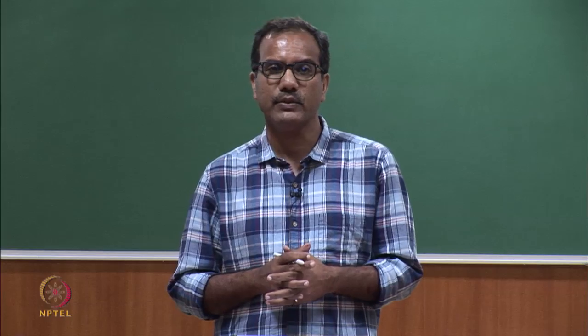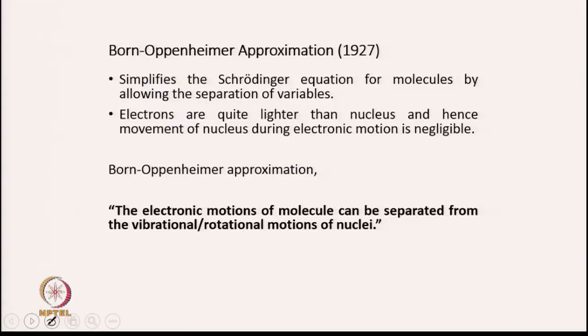What it tells you is that electrons are quite lighter than the nucleus, which we already know. So, this approximation uses this fact and tells you that you can neglect the motion of the nucleus during electronic motion.